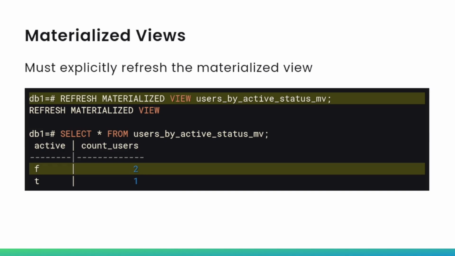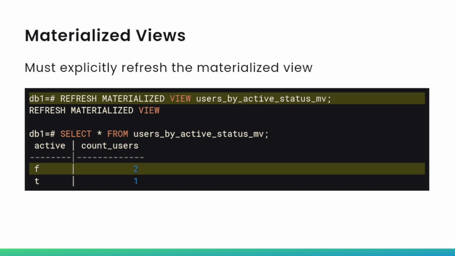If I want to refresh the results of the materialized view, if I want to tell the database, hey, your results are stale, please recalculate the result and store the fresh result, I need to explicitly issue refresh materialized view with the name of the materialized view.